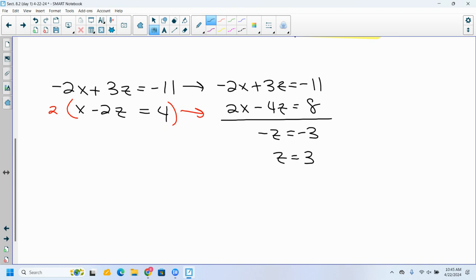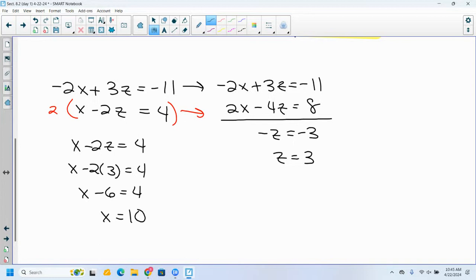Now, plug into either one of these 2 equations. I'm just going to go x minus 2z equals 4. x minus 2 times 3 equals 4. x minus 6 equals 4. Add 6, I get x equals 10. Now go back to any original equations, find something that has a y in it, and replace either the x or the z.